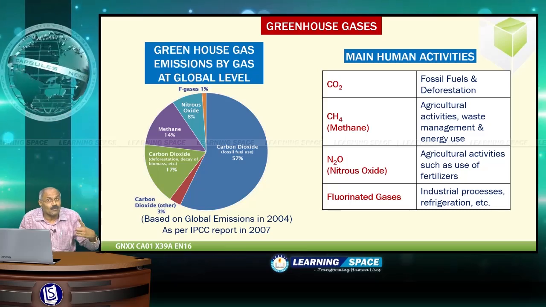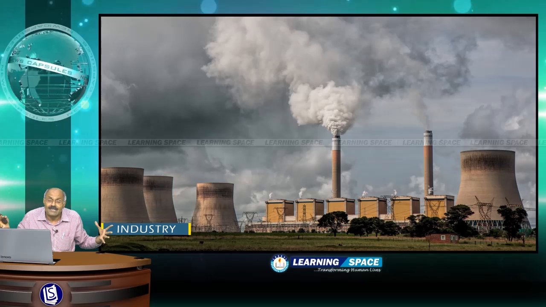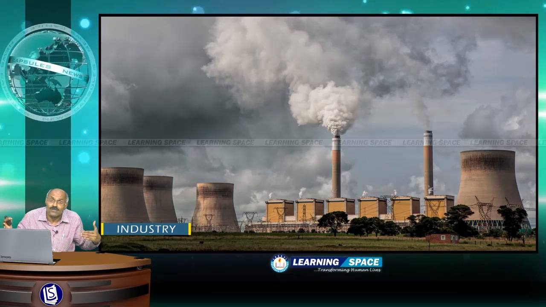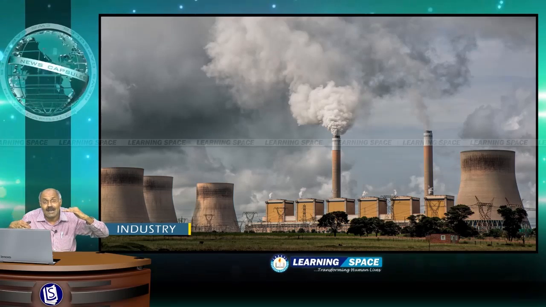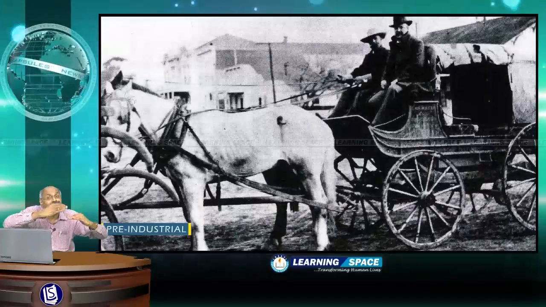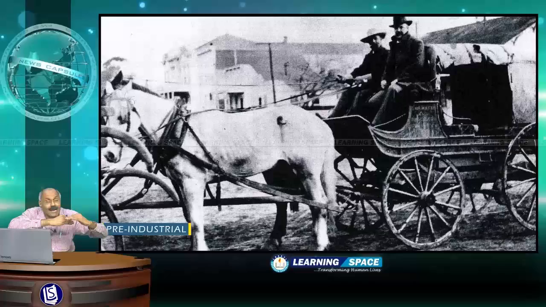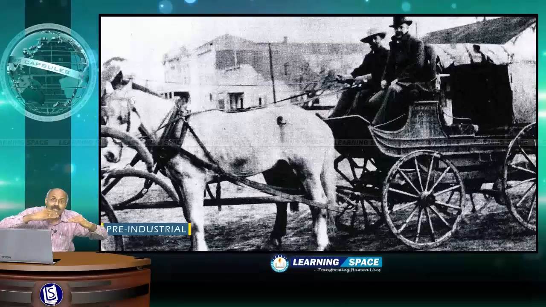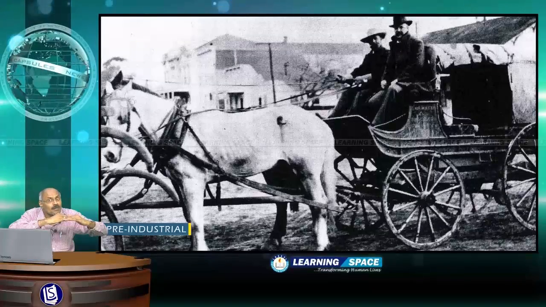And I would like to tell you one point. Because of industrialization, the carbon dioxide component in the atmosphere increased from 280 parts per million almost 250 years ago. That is the pre-industrialization era. If you go back 200 to 250 years, at that time the carbon dioxide level in the atmosphere was 280 parts per million.